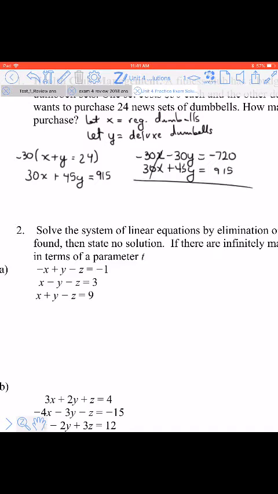Now when we add these, we get 15y. And when you take 720 from 915, you get 195. Divide by 15 on both sides now to get y equals 13.